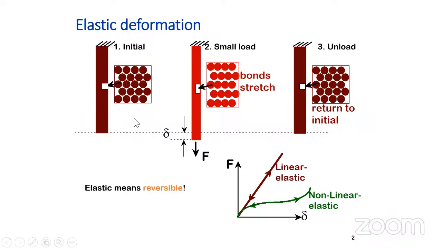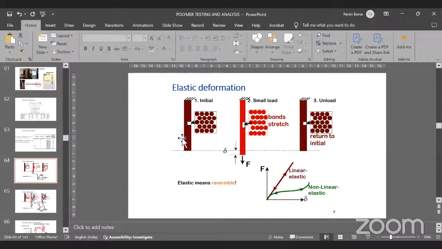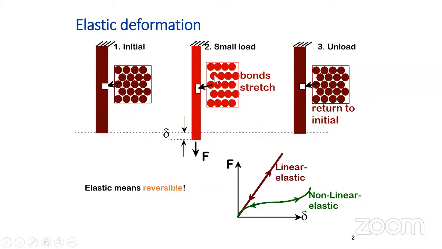So here we have some general representations to understand the type of material. Okay, so how will we identify that? If you see here, it is nothing but the elastic deformation, correct? What do you mean by elastic?